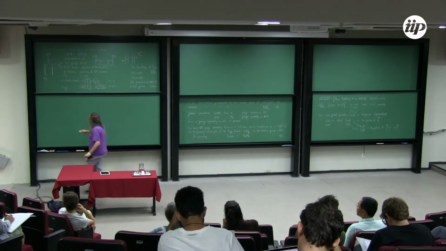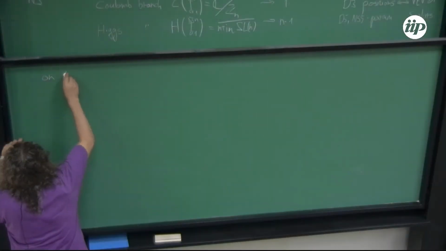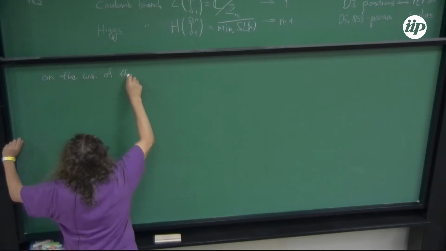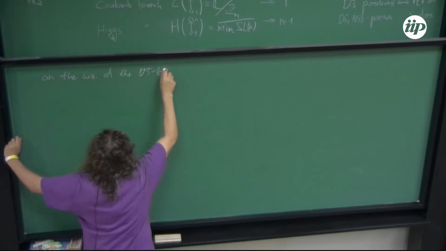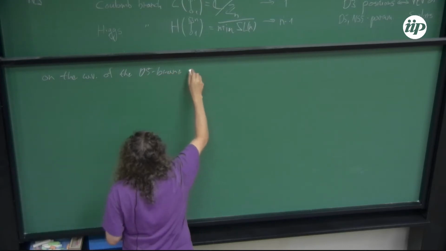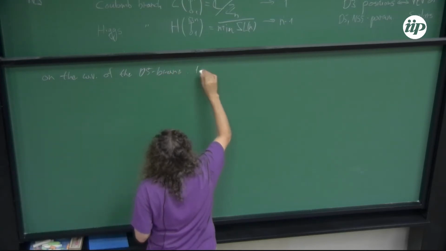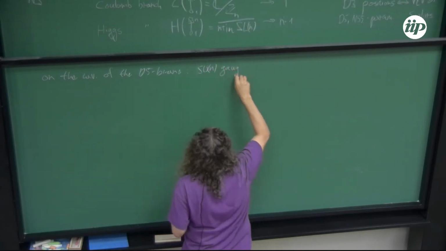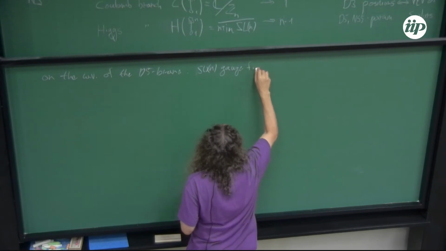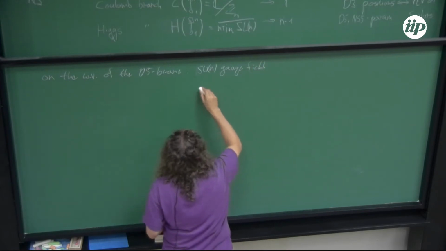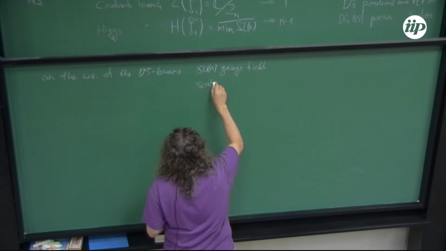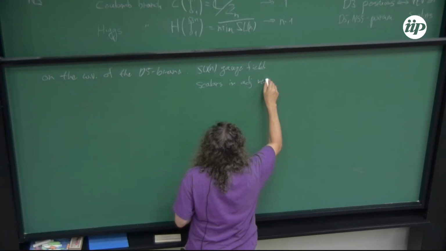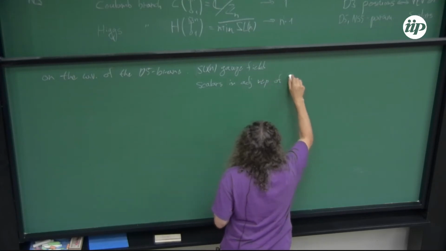So on the whole volume of the D5, I have one SU(N) gauge field, and I have scalars in the adjoint representation of SU(N).